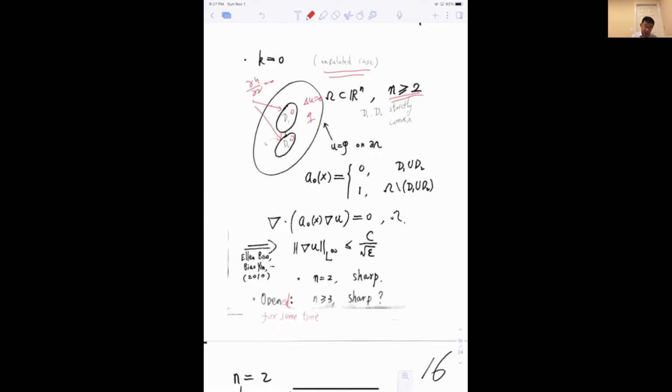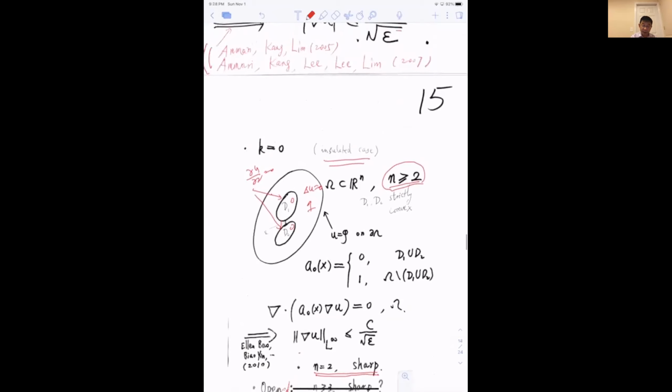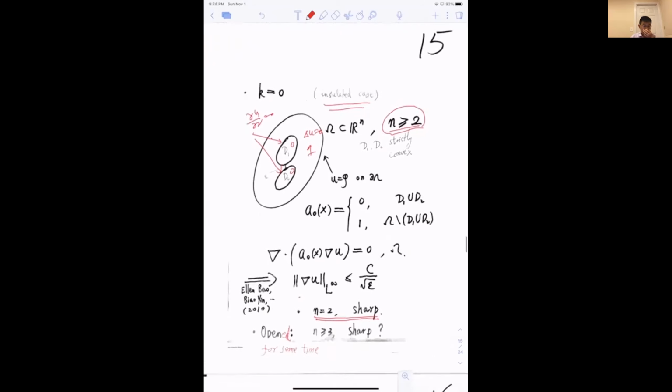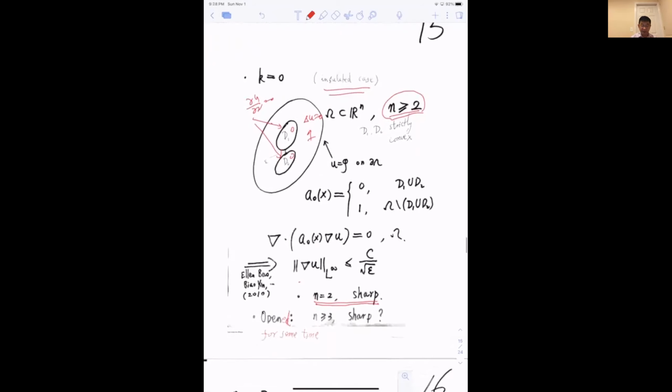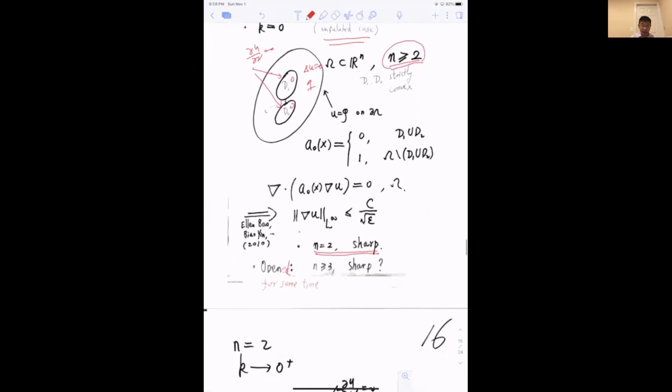With Allen, Bao, and Biao-Yin, we proved that the rate is this rate in all dimensions. So this is for all dimensions. So we know that this is sharp. It was already proved, the sharpness, in this work. And it is also dual to the infinity case. So it's sharp, it's known.